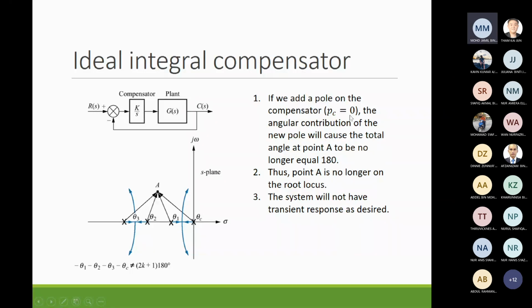If we add a pole at 0 here, with angle theta PC, then the angular contribution of the new pole will cause the angle at point A to be no longer equal to 180 degrees, meaning that point A is now outside of the root locus. The new root locus will not behave similar to the time response at point A, because point A is not on the blue curve here.